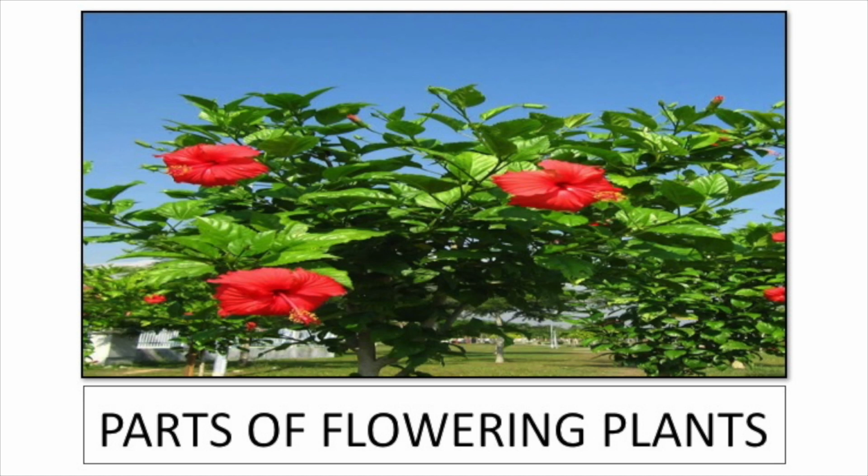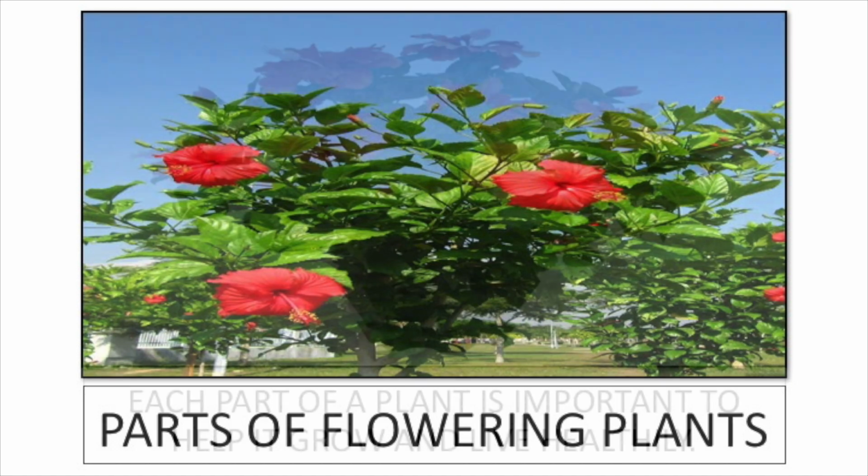Yes, and you can see in the picture here, this is an example of a flowering plant. Because what can you see? Flowers. Yes, all flowering plants will produce flowers. And we can usually tell the flowers by their beautiful colours. They're not just green, there'll be many different colours.